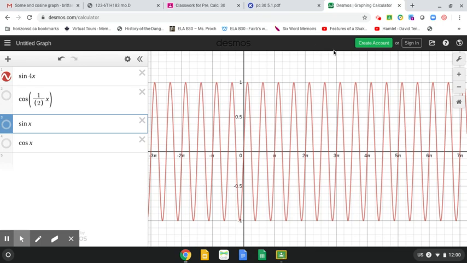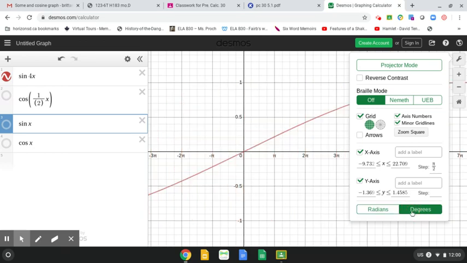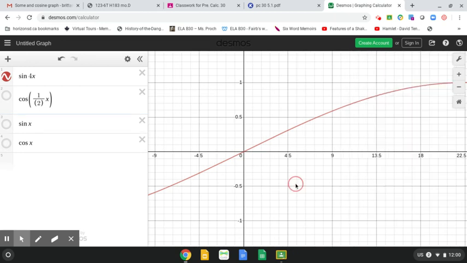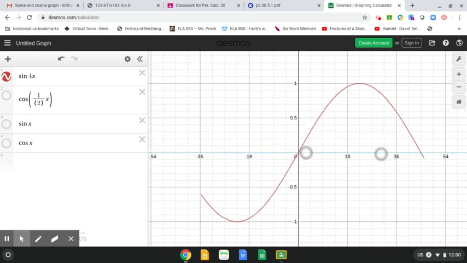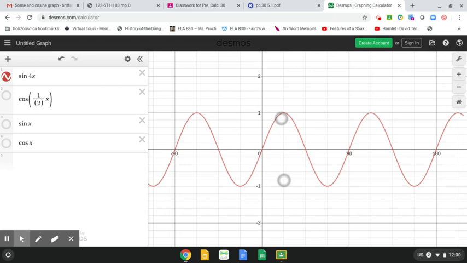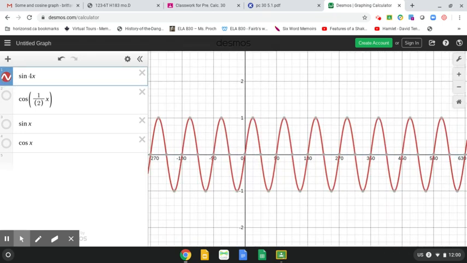Now I'm in radians, but I want to be in degrees, and let's put my step as, I don't know, 90. I'm just going to do some pinching. There. All right, so that is the graph of sine 4x.